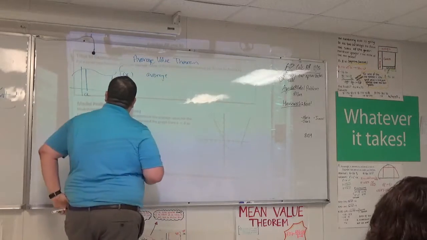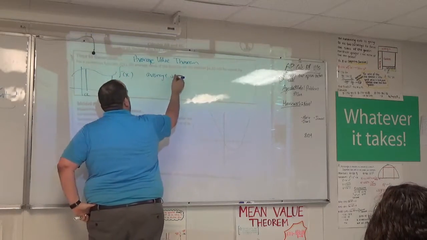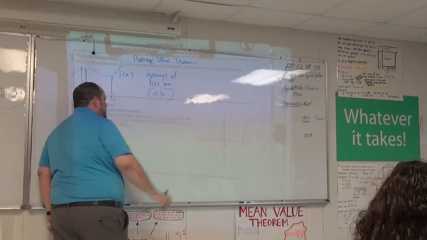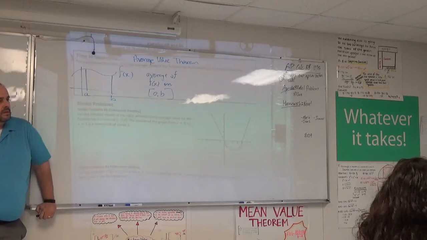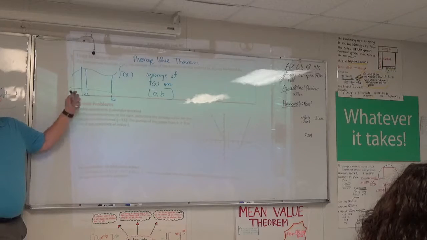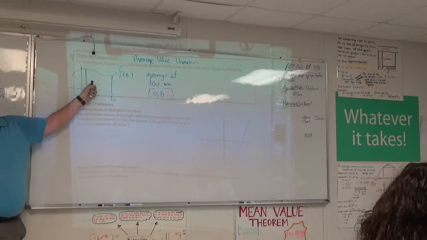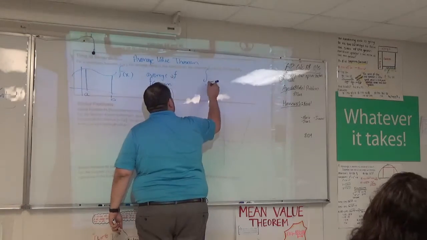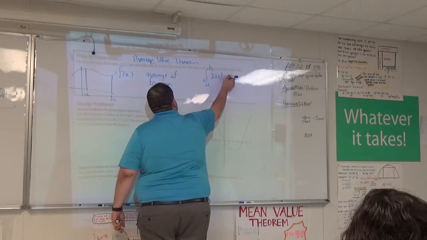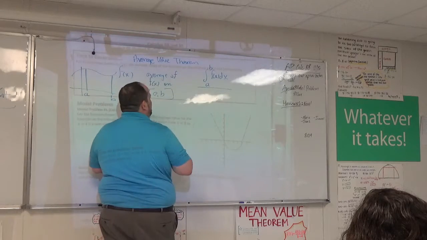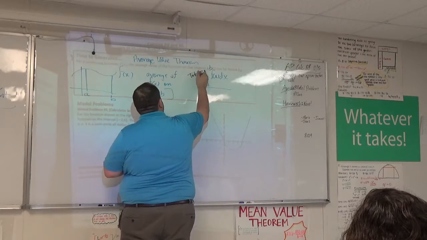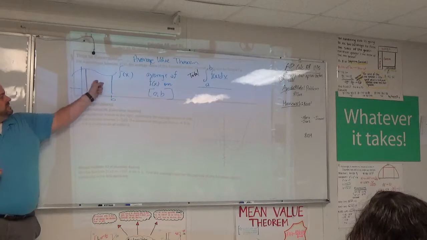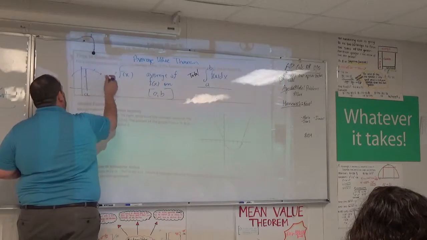So here's what the average value theorem says. If I want the average of some function f of x on some interval a to b, what did we do with the M&Ms? You found the definite integral, because the definite integral tells you the total. It's an accumulation. In that M&M problem, it wasn't just find the area and be done with it.